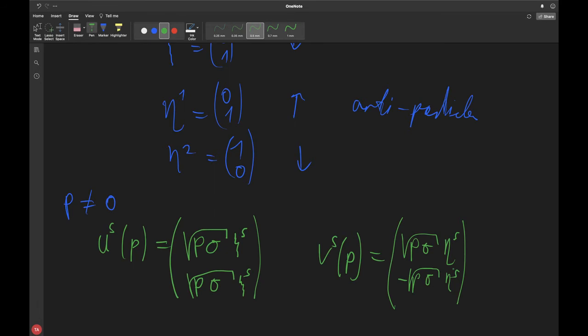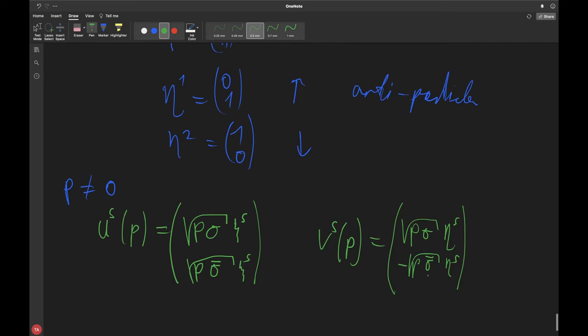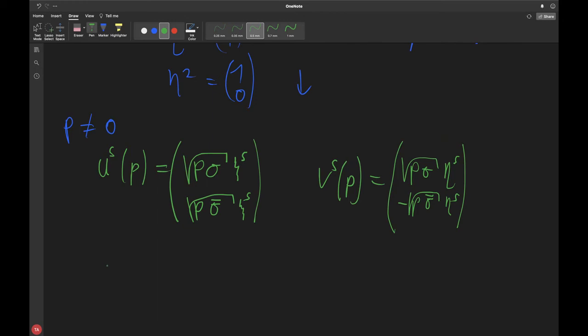These are called spinors. So these are essentially p-spinors, and I actually missed that there is a bar here and here. So these are understood as now the four vectors. So the sigma is the four vector where the zero component is the identity matrix, and the rest is the sigma, while the sigma bar is the same, just with a minus sign, with a minus sigma here.